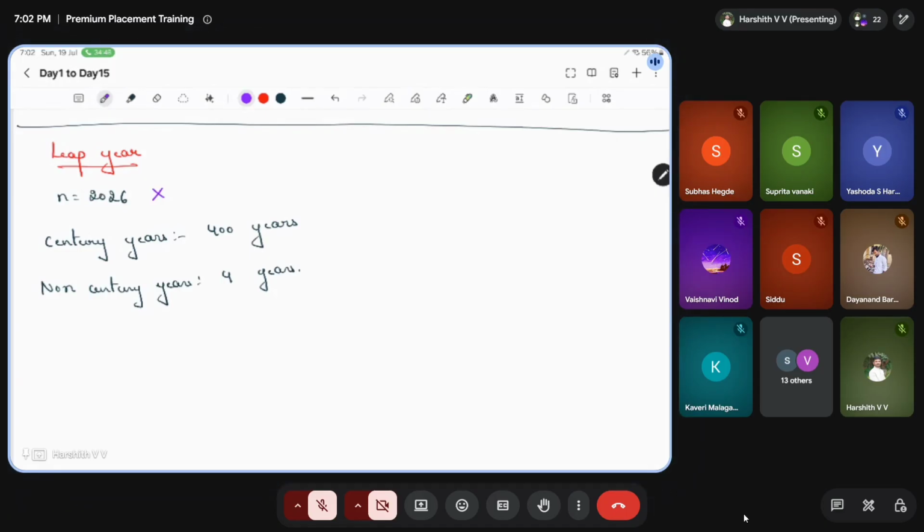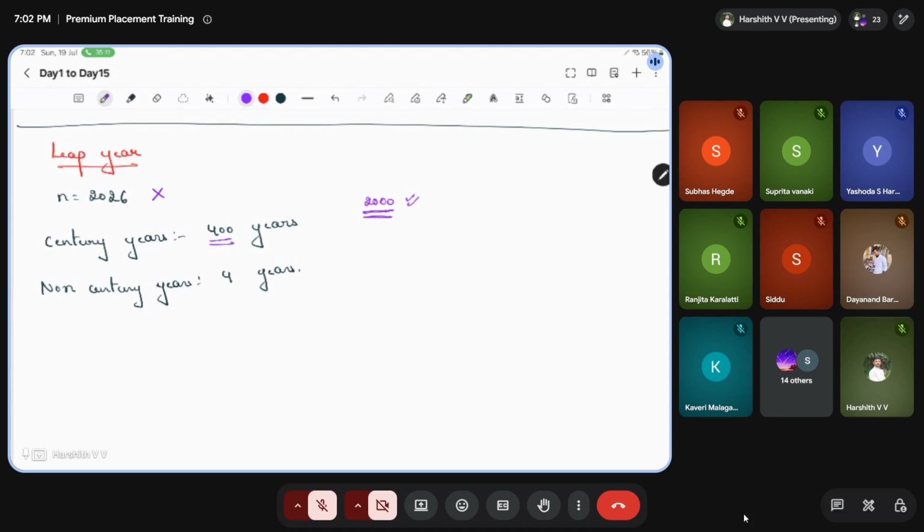Now, for example, take the year 2000. It is a century year. Is it divisible by 4? Yes, 2000 is divisible by 4. And 2000 is a leap year. Why? Because 2000 is divisible by 400 also.